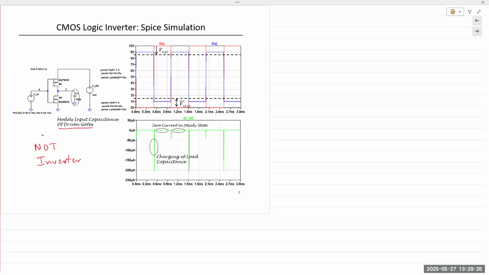If we look at the outputs, here's your input VA, here's your output VZ. Obviously, they are inverted.